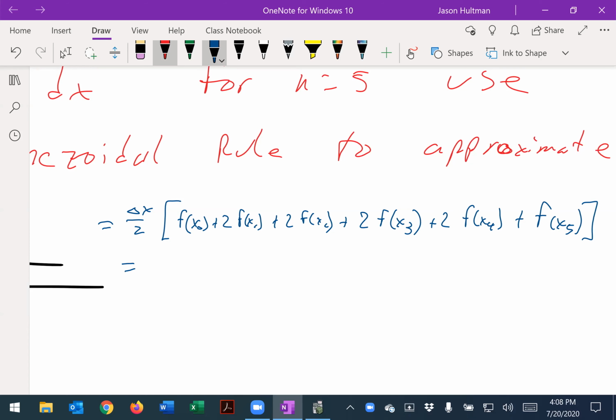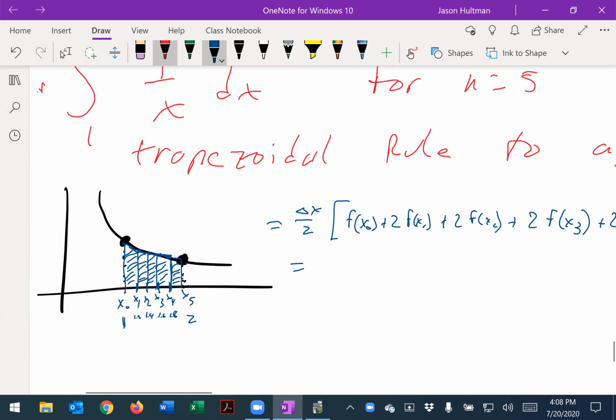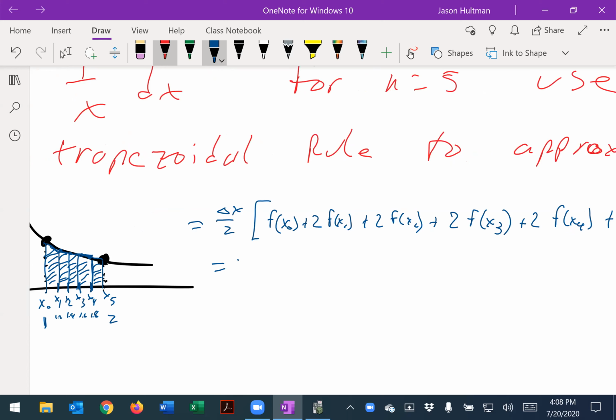Well, delta x in this case is 0.2, so this is 0.2 over 2, which is 0.1, times f of x sub 0.